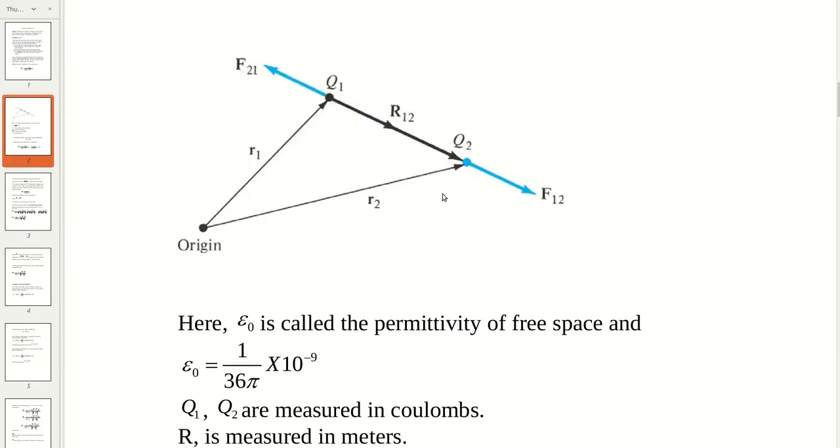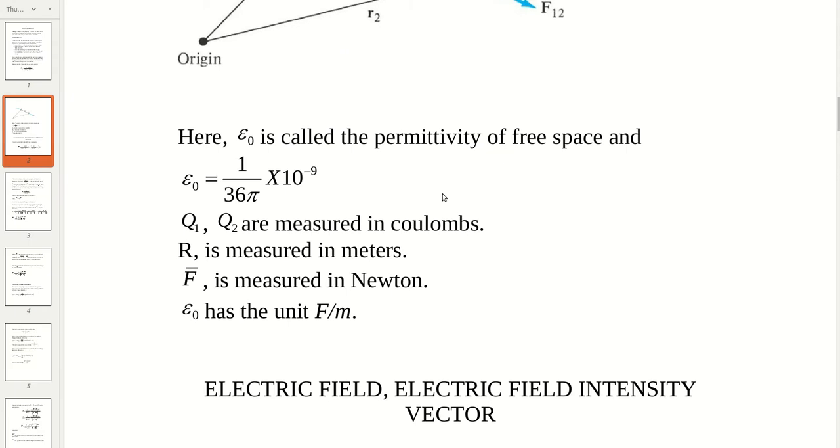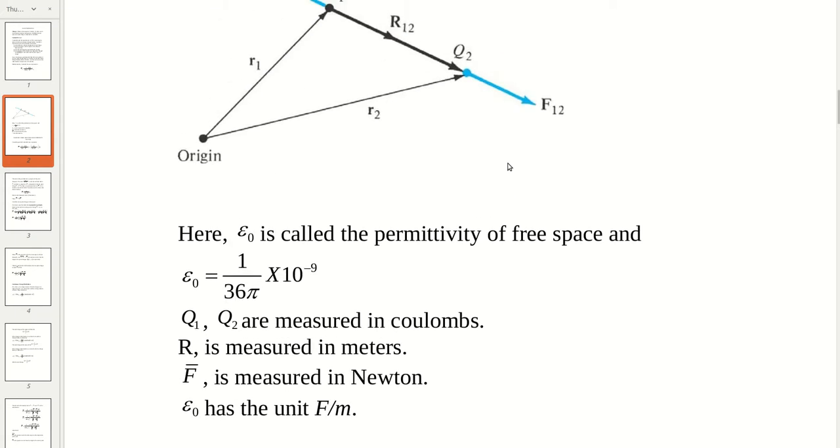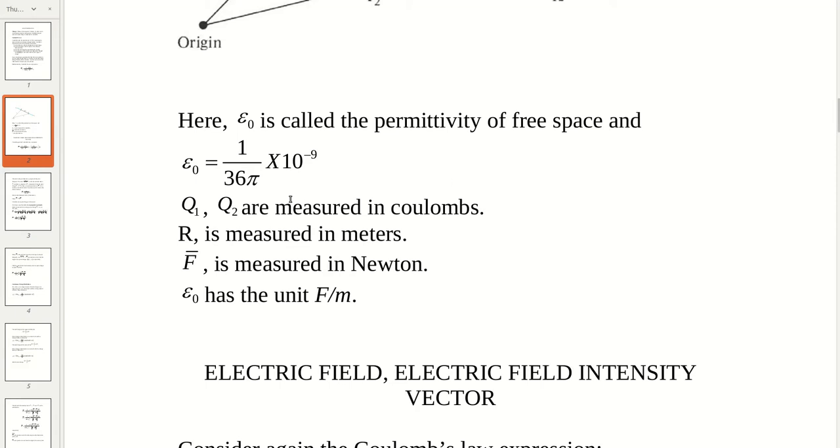Okay, so epsilon 0 depends on the material in between the charges. Here, if we put the charges in free space, then we have epsilon 0 equal to this number.